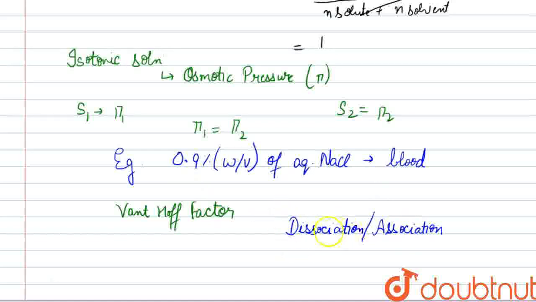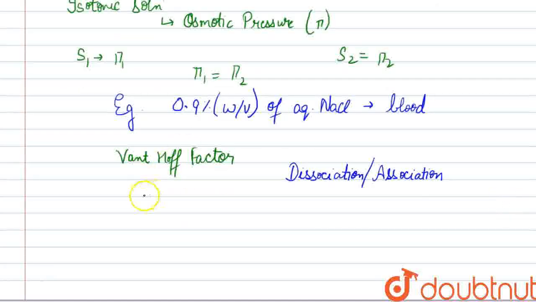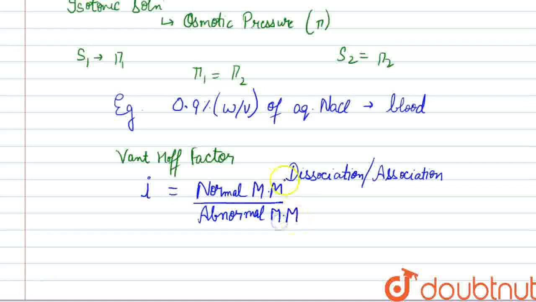For the correction of this, we have the van't Hoff factor, written as i, that is the ratio of normal molecular mass divided by the abnormal molecular mass. Now how do we use this? For example, we have a colligative property, osmotic pressure.